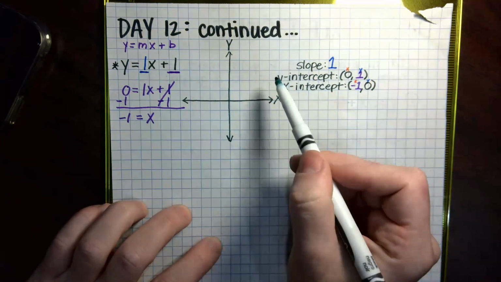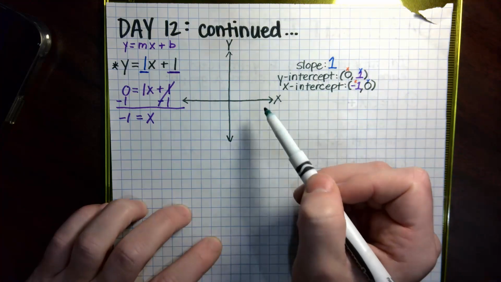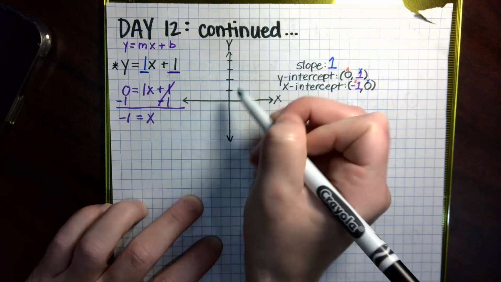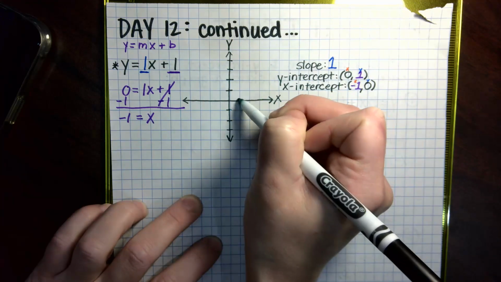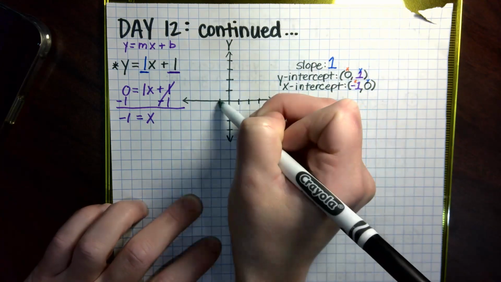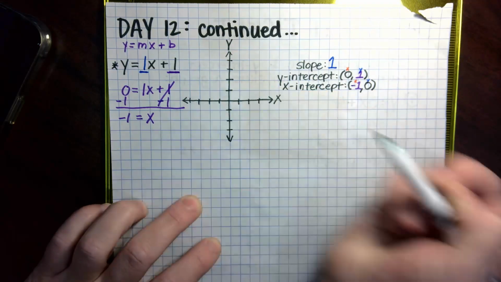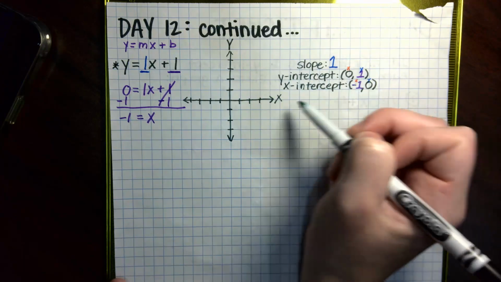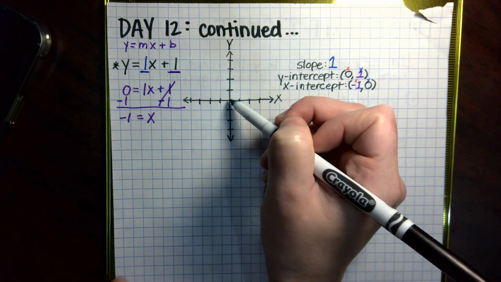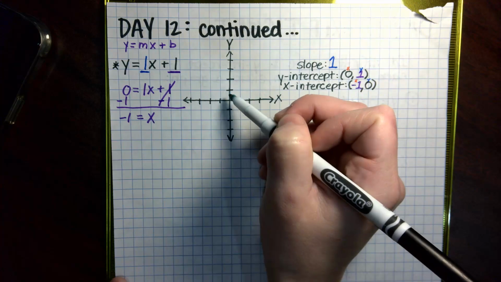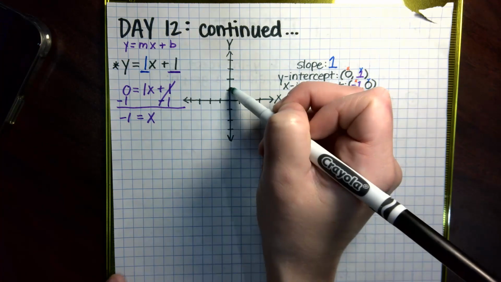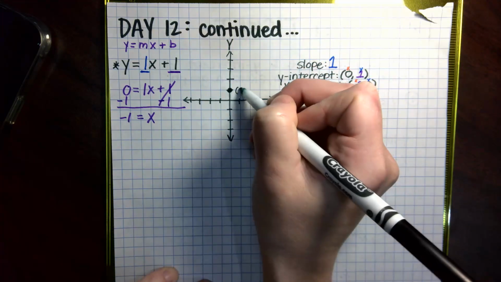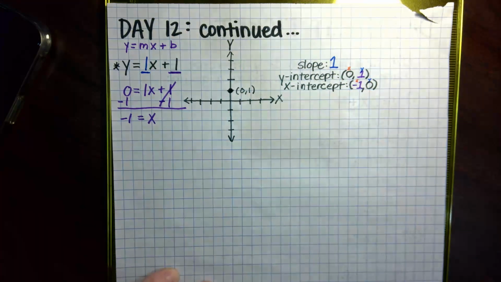So now we have our y-intercept, and we can go ahead and graph that point on our graph here. So let me make some little tick marks so we know what our scale is. Each box is going to be 1 unit here. And for my y-intercept, I have x is 0, y is 1. So I'm going to go over 0 in the x direction, and I'm going to go up 1 in the y direction. So I'm going to label this here as 0, 1, just like that.